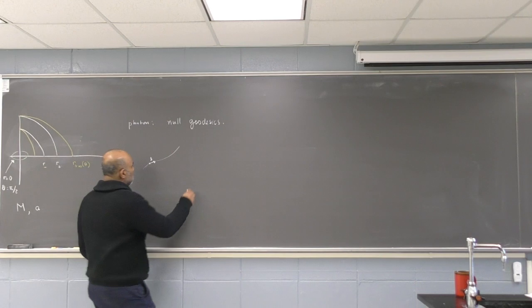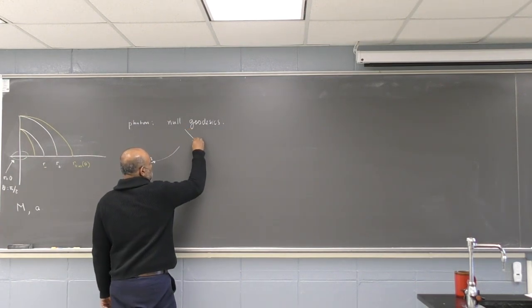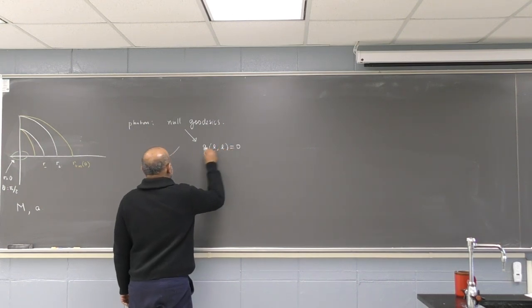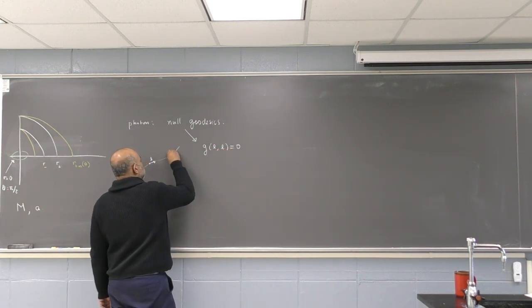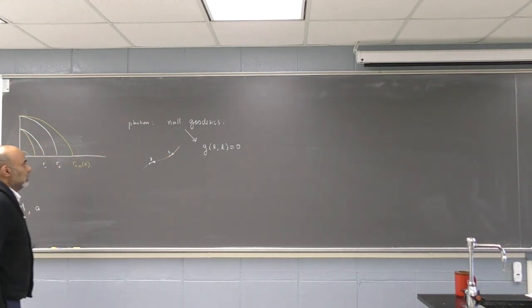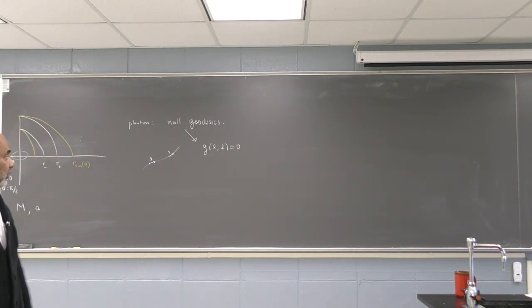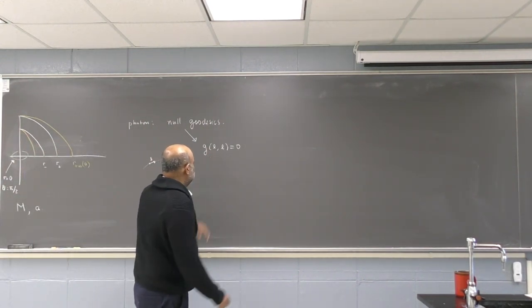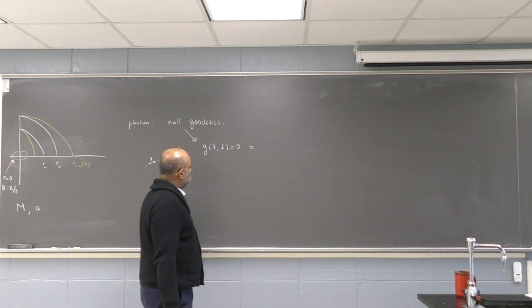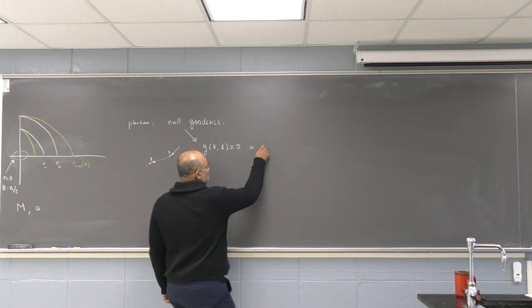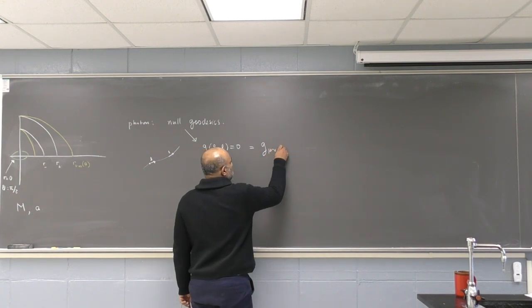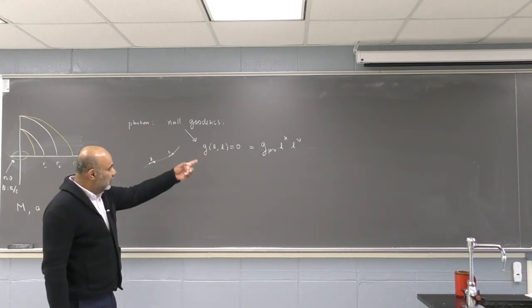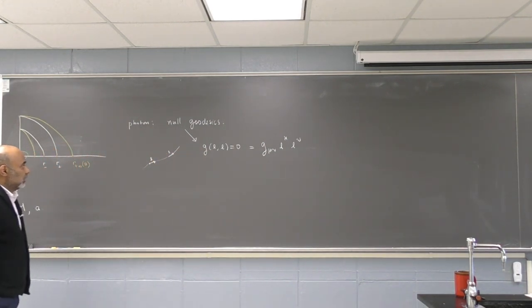So this is null, which means throughout, if you take the velocity vector, it's the 4 velocity, and if you find the inner product of the 4 velocity with itself, you get 0. This is perhaps a math way of saying it. If you are a physics, particularly an undergraduate student, you will write this as g mu nu, L mu, L nu. Okay? And repeated indices up and down mean summation.